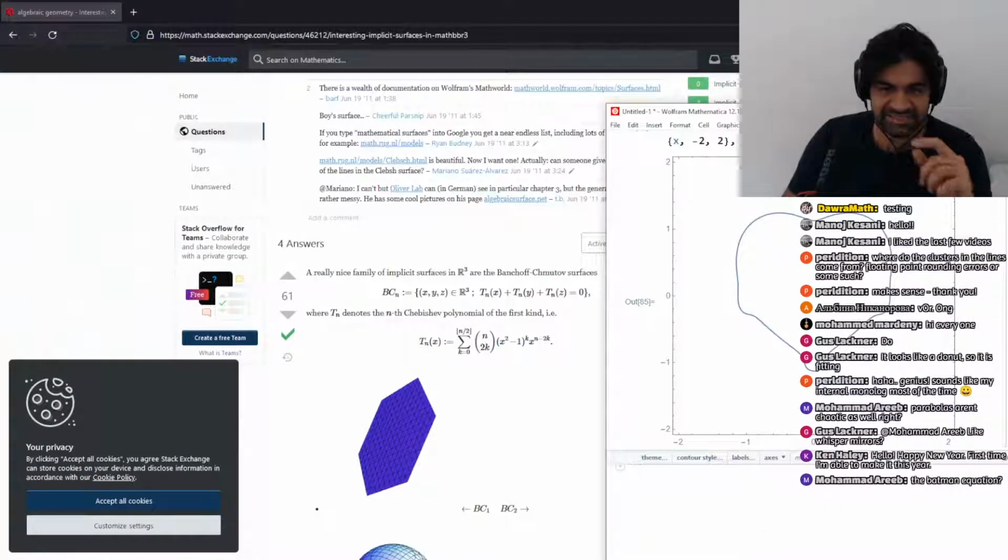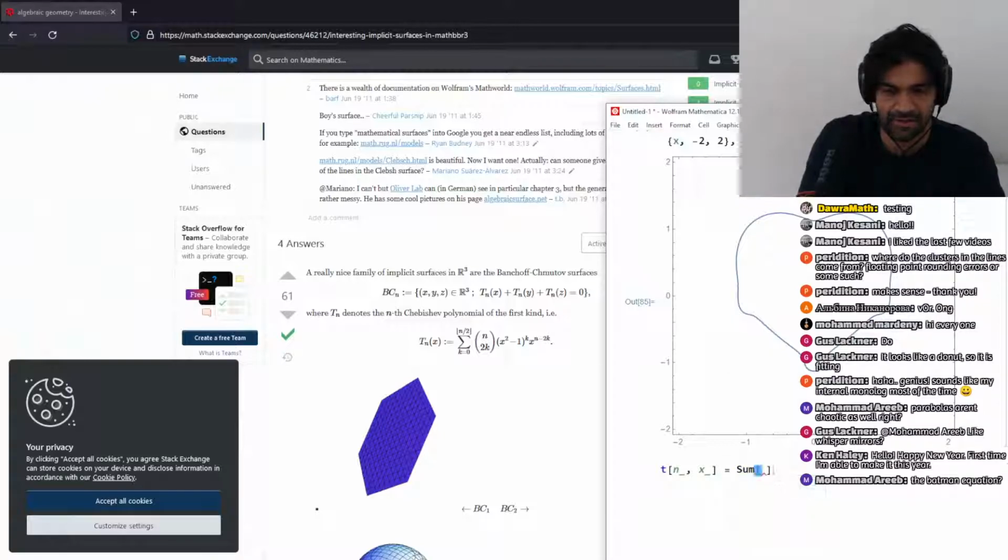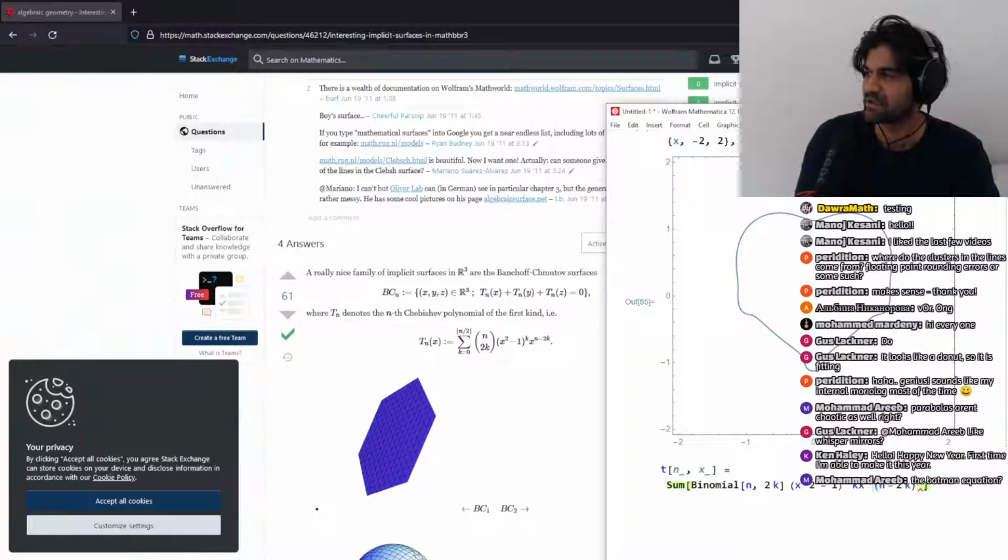Just define this equation. So let's say T_n(x) is equal to the sum of binomial, n choose 2k, times (x squared minus 1) to the kth power, and then x raised to the n minus 2kth power.